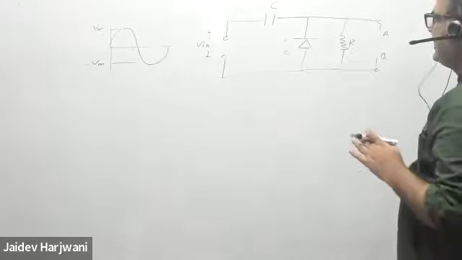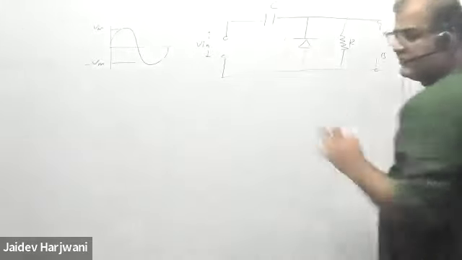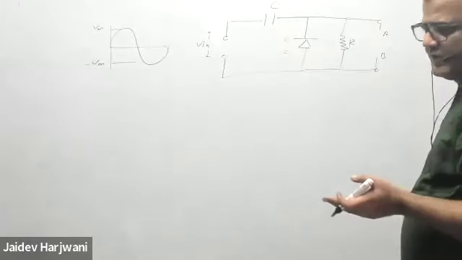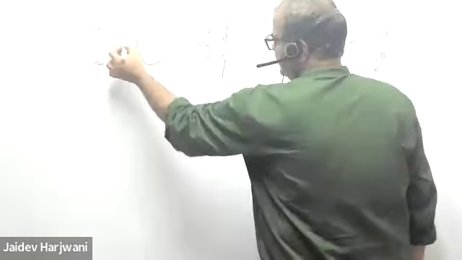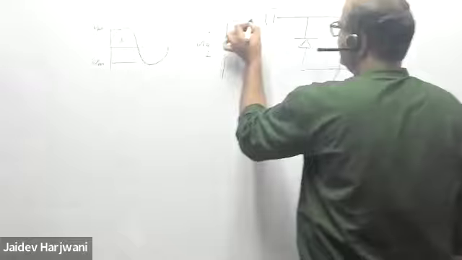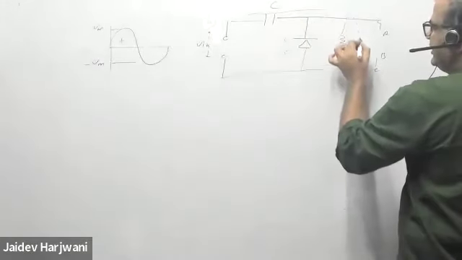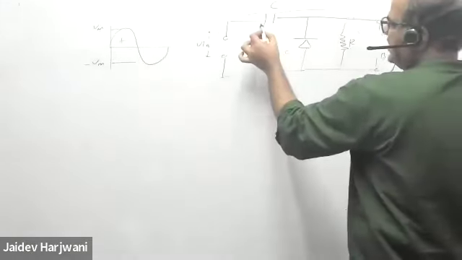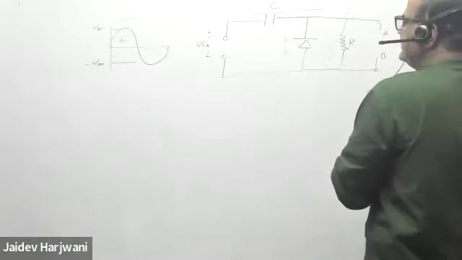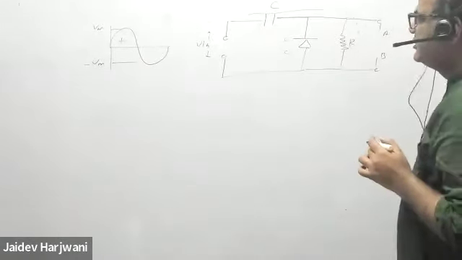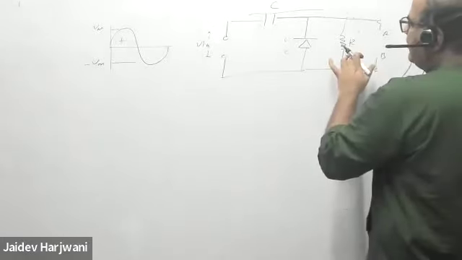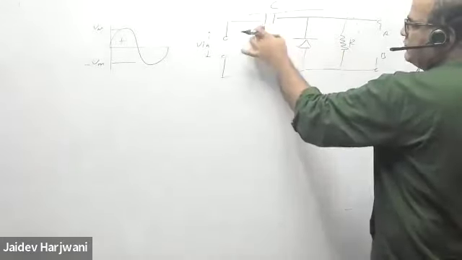So this capacitor will not be charged up to its peak value. If I take the positive cycle, current can flow from here to here and the capacitor will charge from plus to minus, but the load resistance is generally very high, so it will not allow the capacitor to charge up to Vmax.